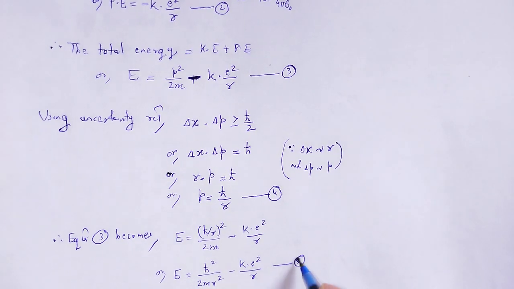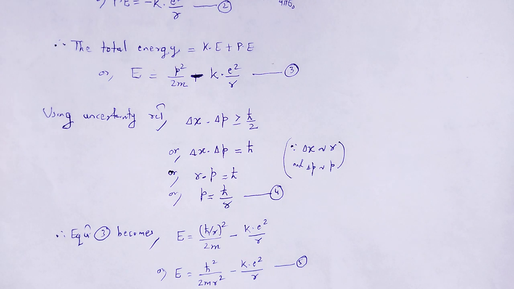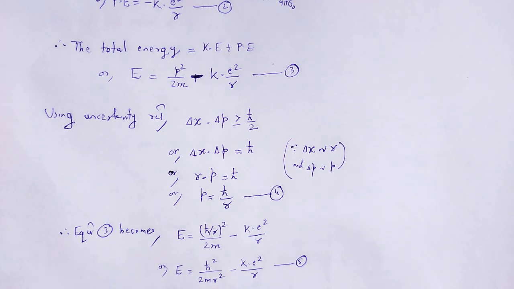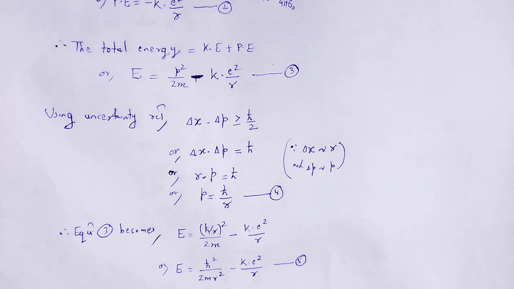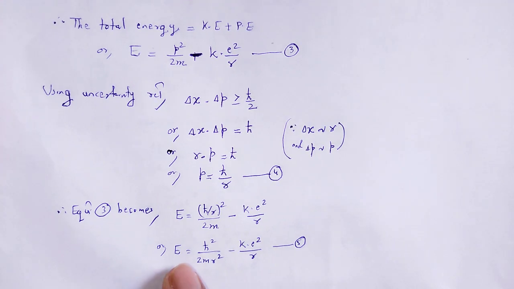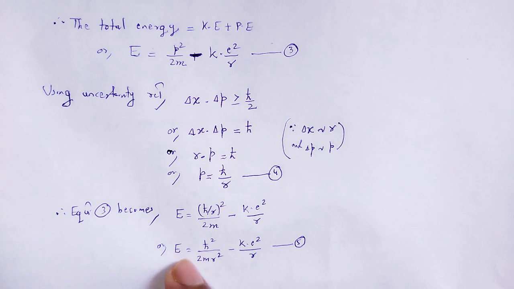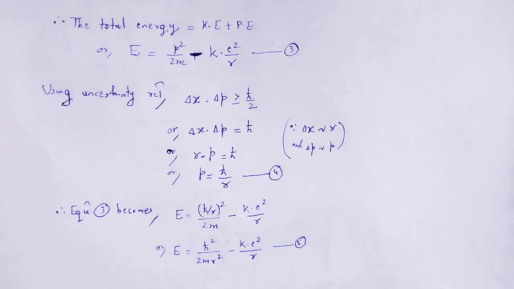Let this be equation number 5. To calculate the ground state energy, the condition is that we differentiate the energy with respect to r and equate to 0.